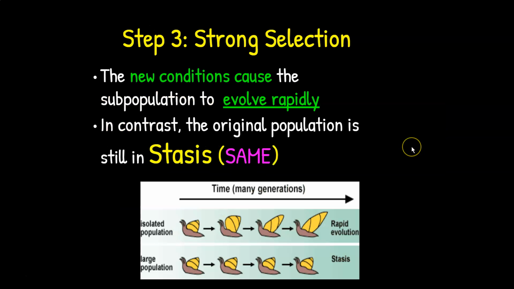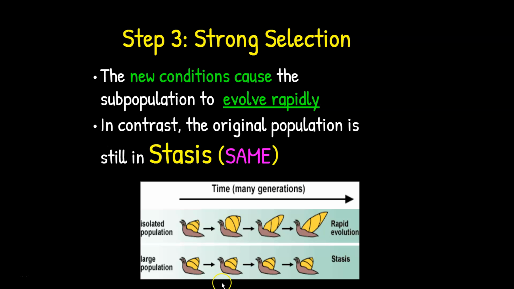Then in the third one, a new condition causes the subpopulation to evolve rapidly. So these are the snails in the area that were isolated, and we can see how their shell got bigger and bigger as it went along. So it rapidly evolved.